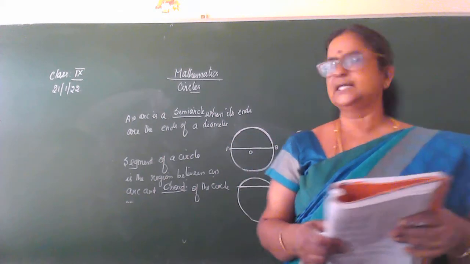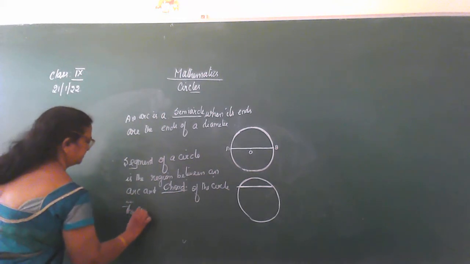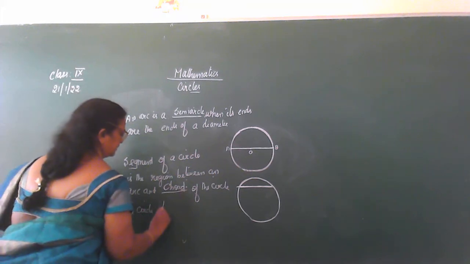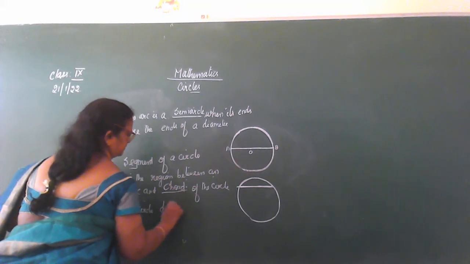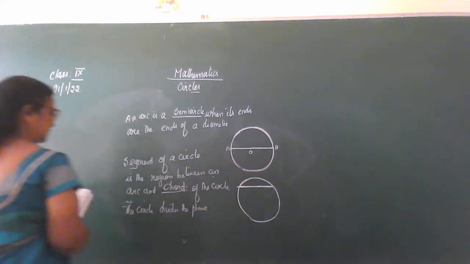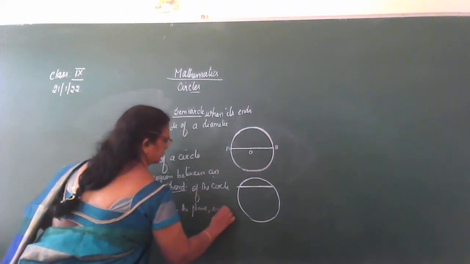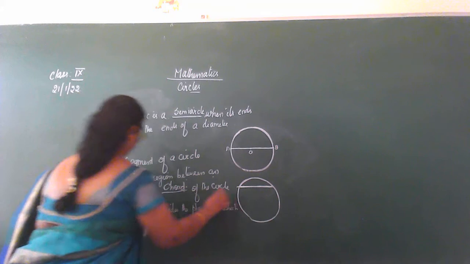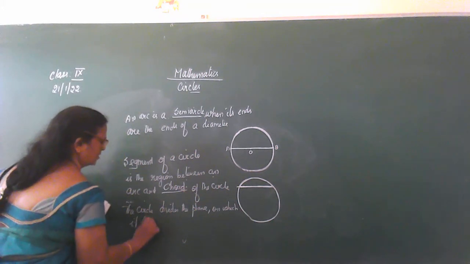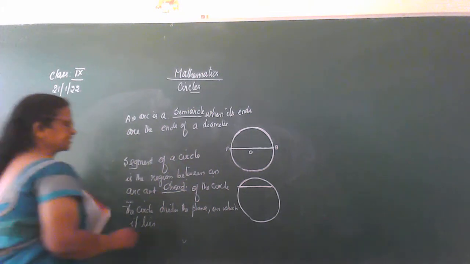Then, a circle divides the plane on which it lies into dash parts.